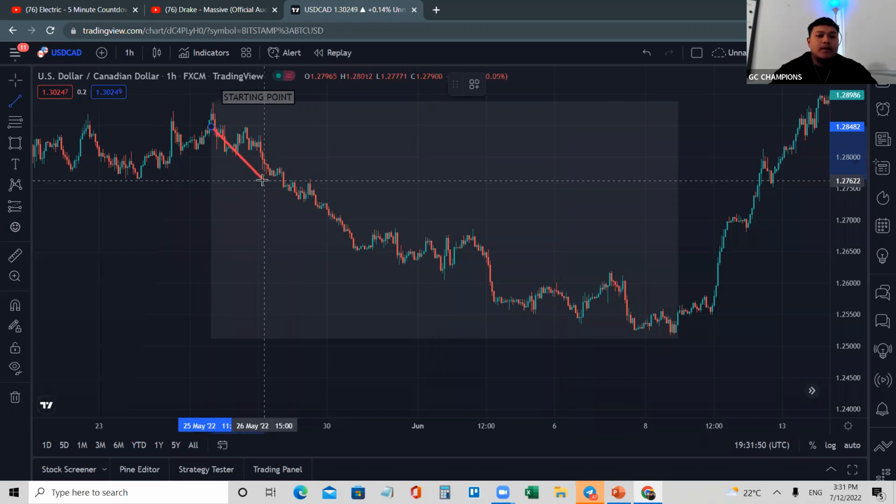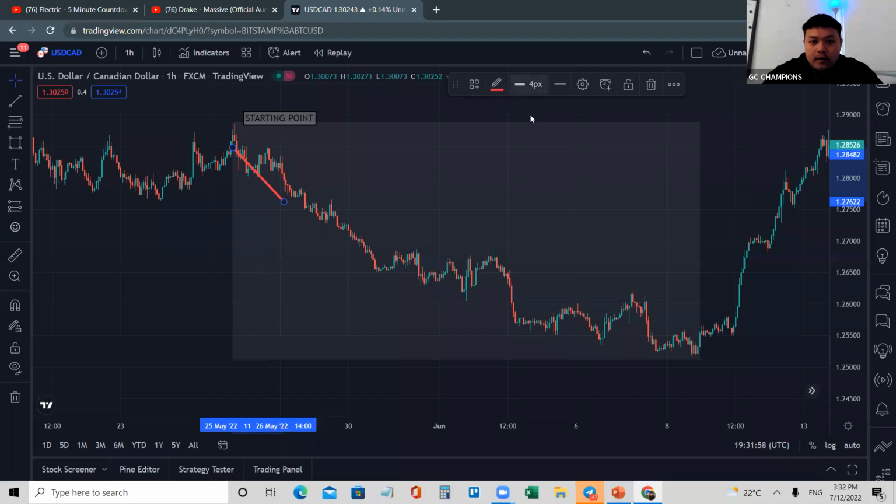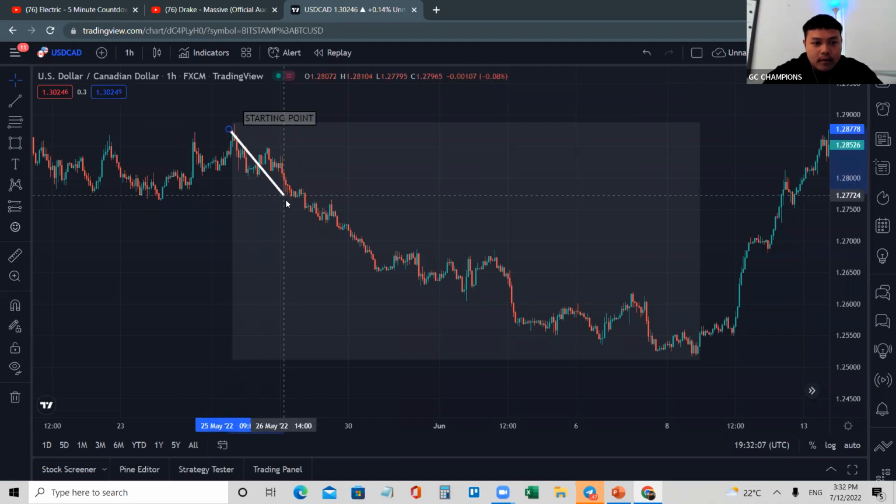Yeah, that's the first one. After that, it actually did end. Let me just switch the color so it's not very confusing. From this one, that's the first downtrend movement that we actually saw.